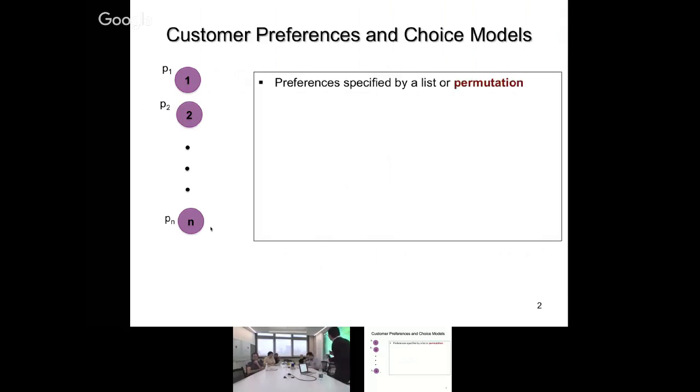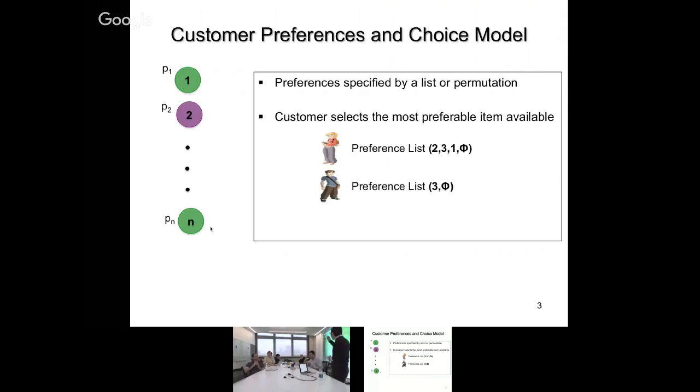Now, the preference of customers is specified by an ordered list over these substitutable options, so an ordered list or a permutation. And a seller needs to decide what options to offer to the user with the goal of maximizing the expected revenue.